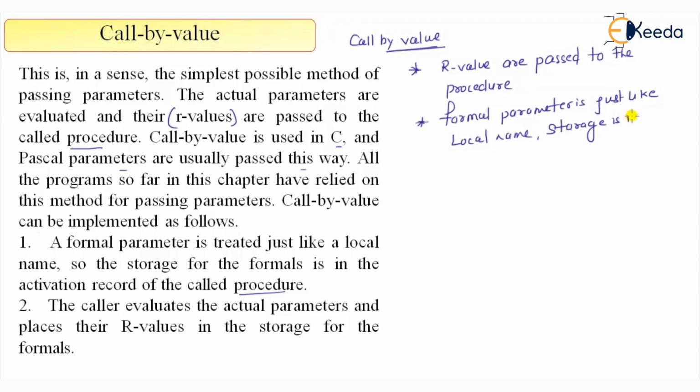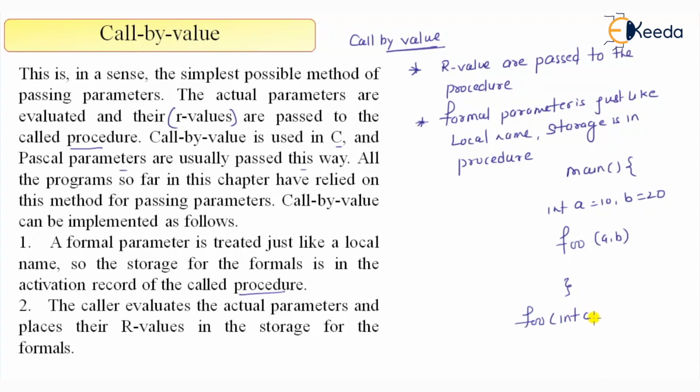What is the meaning of this statement? Suppose main is a function, and int a equal to 10 and b equal to 20, and I call foo(a, b). Foo has parameters int c, int d, and returns c plus d.